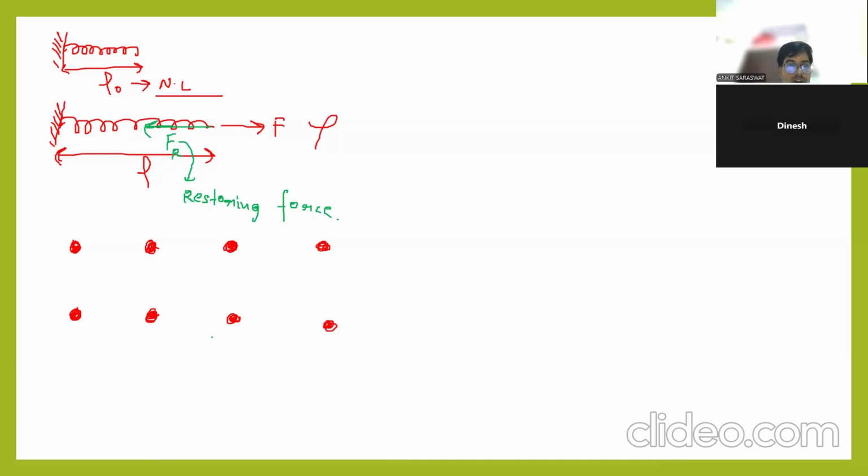I am denoting that intermolecular force with the help of a spring, just to make you understand. This is the internal structure I am drawing.